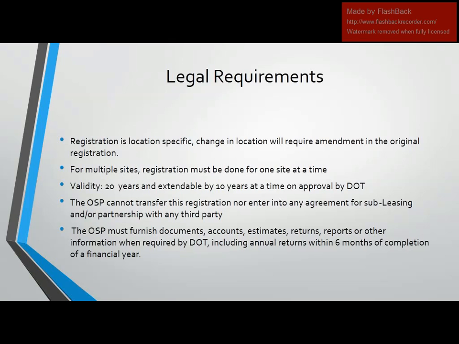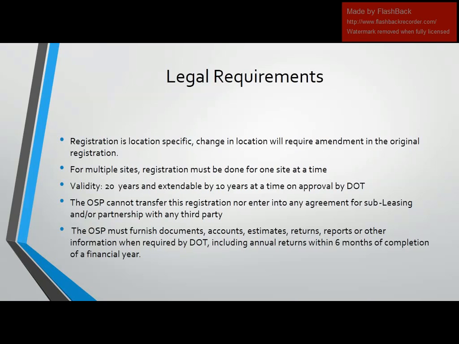Now we will discuss the validity. 20 years, extensible by 10 years at a time on approval by DOT. The OSP cannot transfer this registration nor enter into any agreement for subleasing or partnership with any kind of third party.